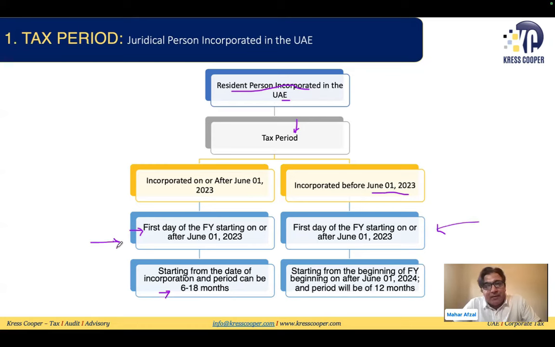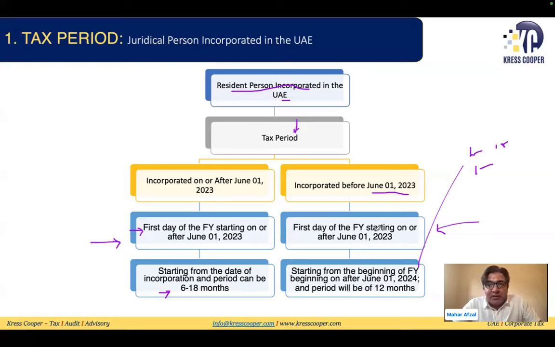The tax period can be 6 to 18 months as well. So if the company was incorporated before the effective date of this law, once the financial period is over and a new financial period starts, the corporate tax will be applicable from the start of the new financial period.